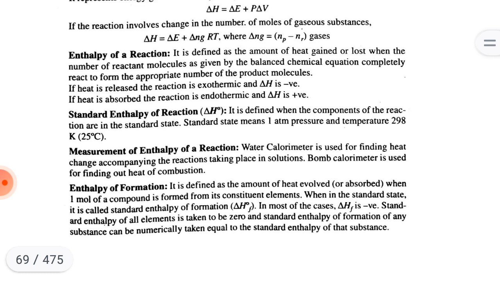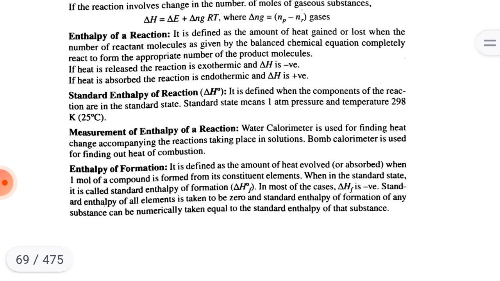It is defined as the amount of heat gained or lost when the number of reactant molecules as given by the balanced chemical equation completely react to form the appropriate number of the product molecules. If heat is released, the reaction is exothermic and delta H is negative. If heat is absorbed, the reaction is endothermic and delta H is positive.